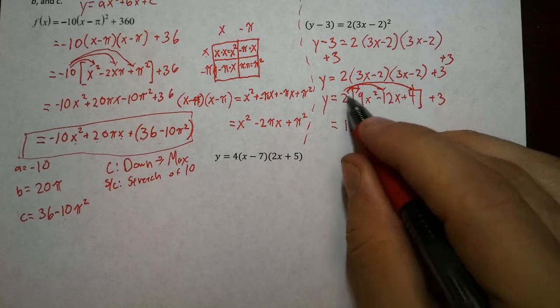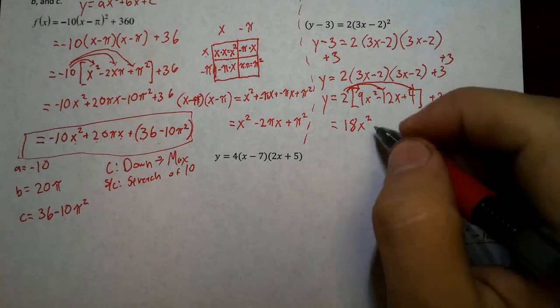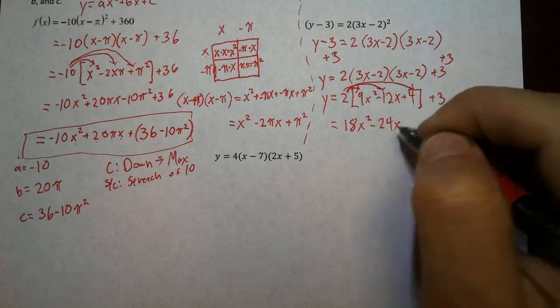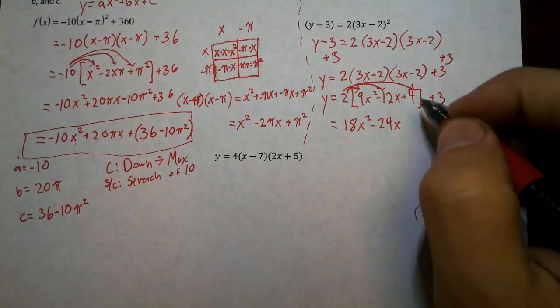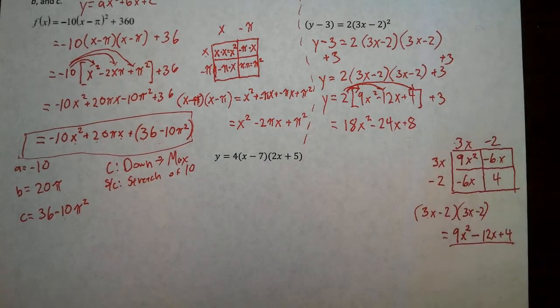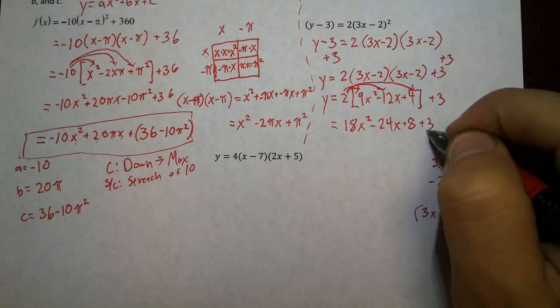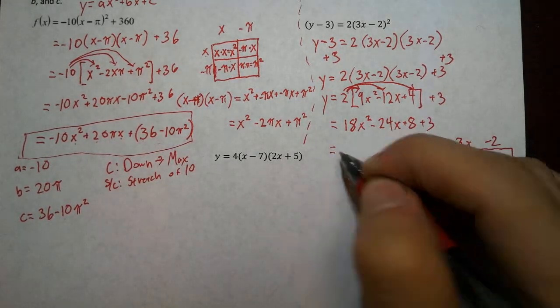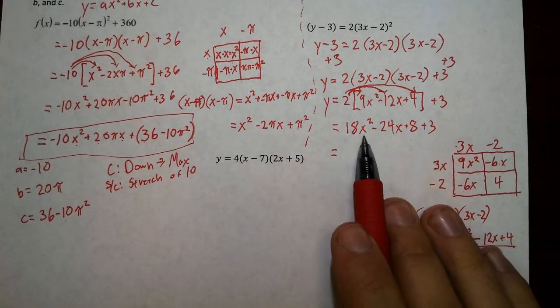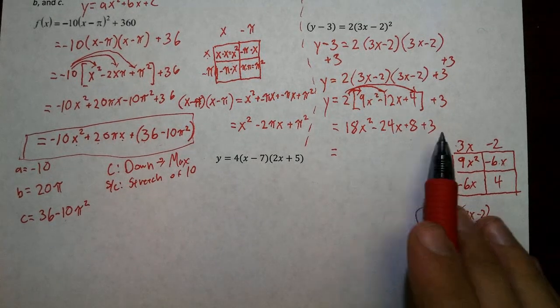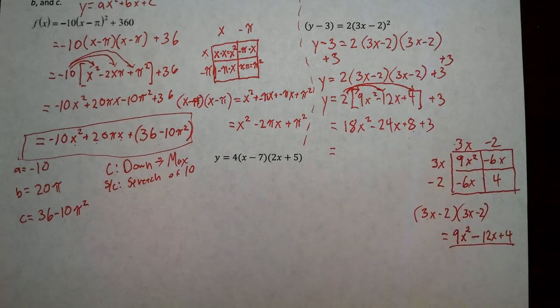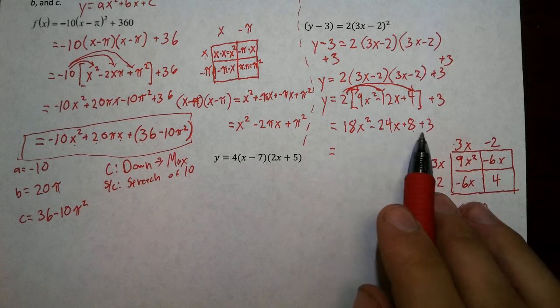Okay, so 2 times negative 12 is negative 24x. 2 times 4 is plus 8 plus 3. Alright, now here's where we want to go ahead and combine like terms. That's our only x squared term, that's our only x term, and then we have 8 plus 3.